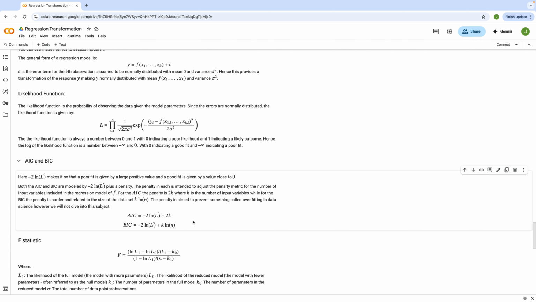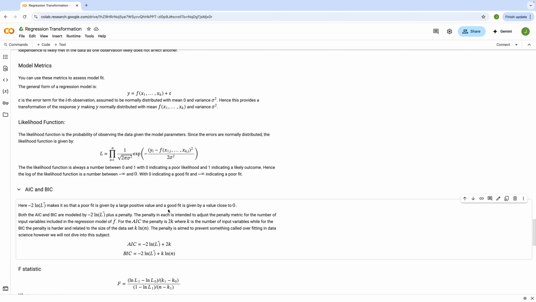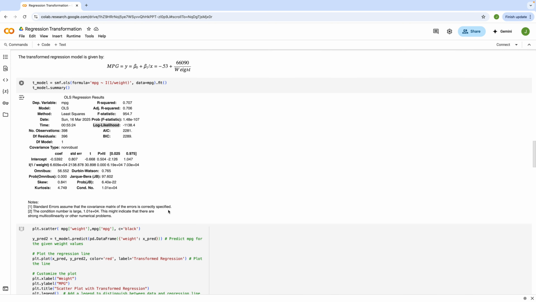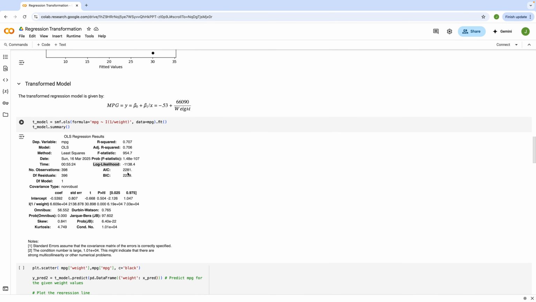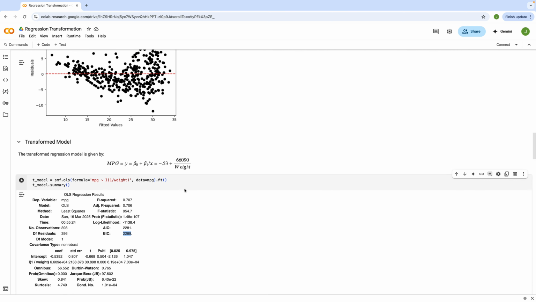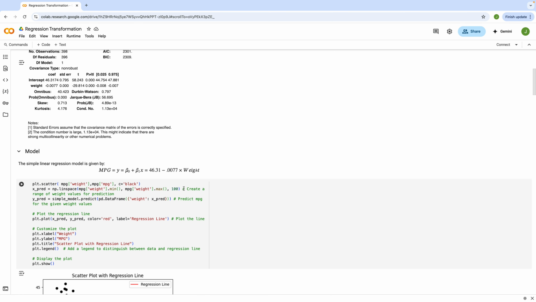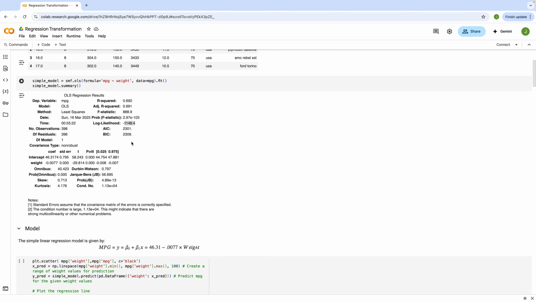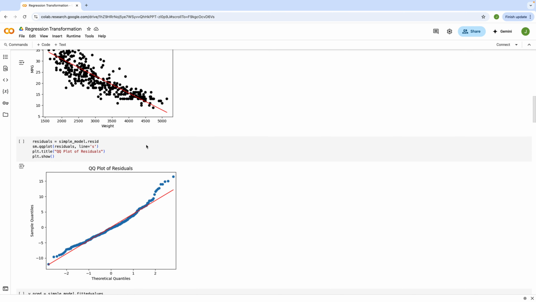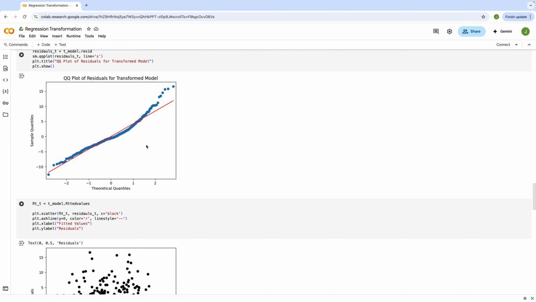So we can now use AIC and BIC to assess these models. AIC is 2281, 2289. This is 2309, 2301. This is larger, indicating a worse fit according to the AIC and BIC.